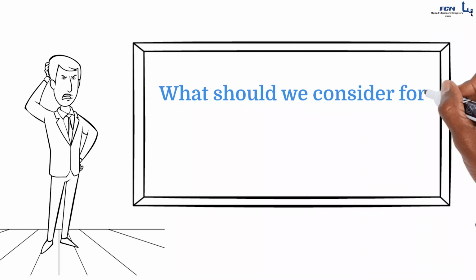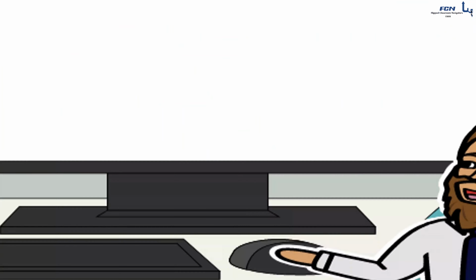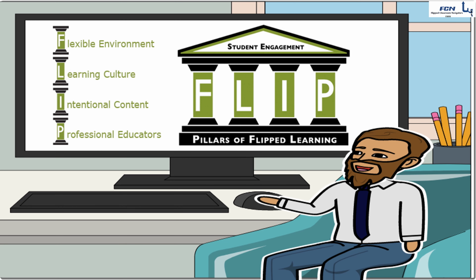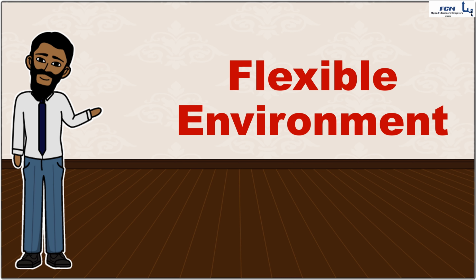Then, what should we consider for achieving flipped learning in a flipped classroom? We can consider a 4 pillars model of flipped learning while developing flipped classroom pedagogy. The 4 pillars are flexible learning environment, learning culture shift, intentional content, and professional educators. The pillar number 1 is flexible learning environment.